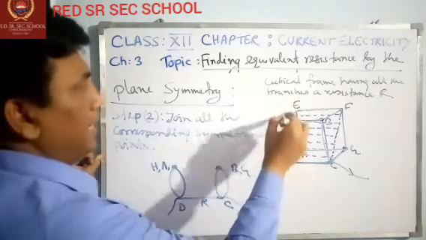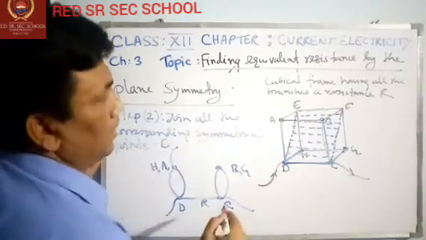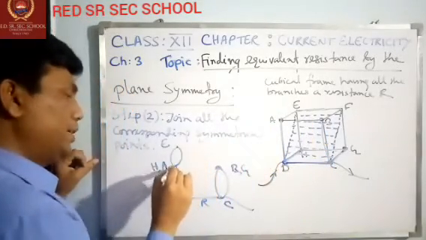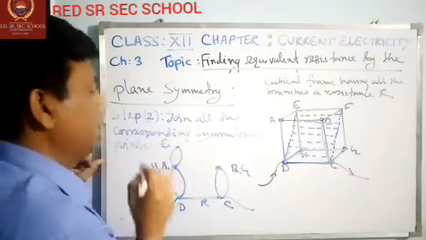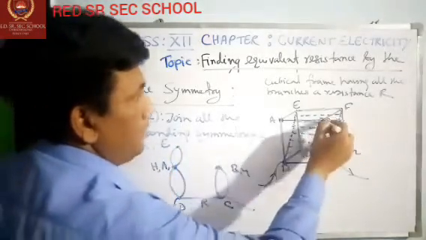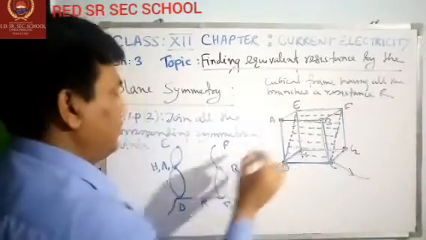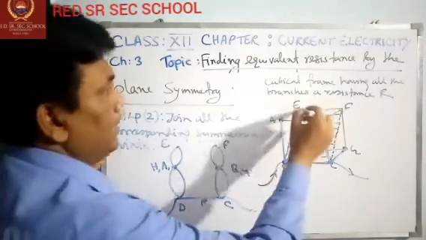Now you see from A to E another resistance is there. From H to E, because this point is H itself, na? This point is A also, H also. Another resistance is there. Similarly, B to F, and Z to F. Okay, and EF.